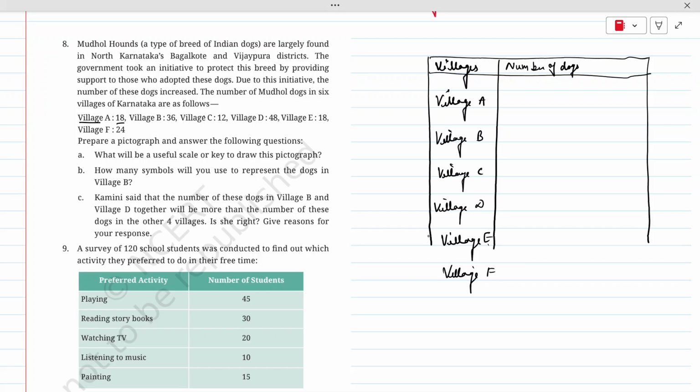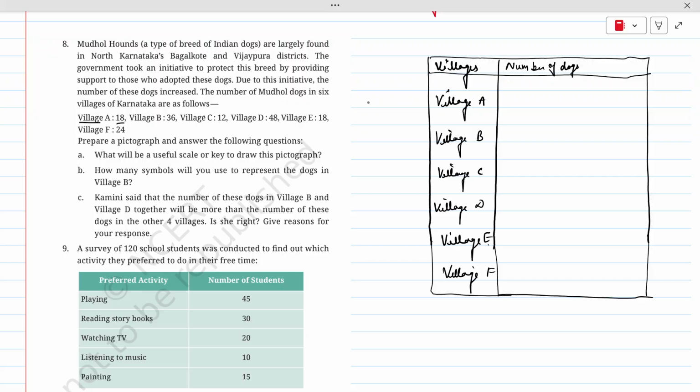Okay, let me extend this. So this is one thing. Now the data which is given to us is this. We have 18, 36, 12, 48.